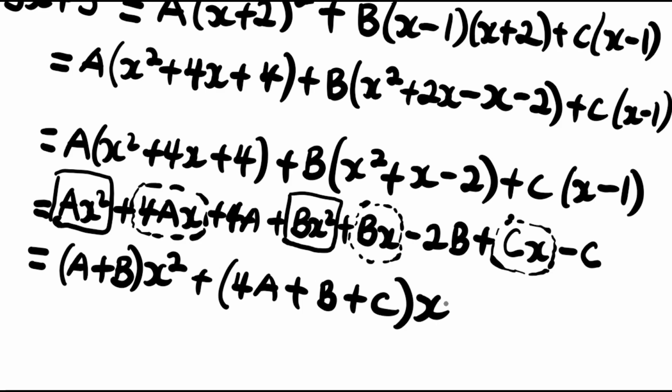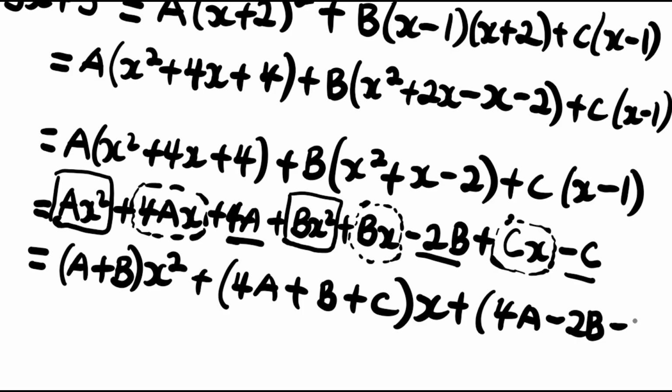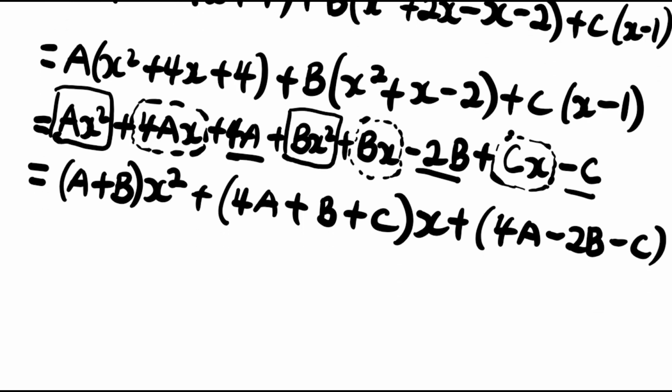All is multiplying x. Now we focus on the constants. The constants are, so we have 4a as the first one plus negative 2b, so it's going to be minus 2b, right? So let me clean this and do minus 2b, and the c is left with c minus c. So those are the constant terms.